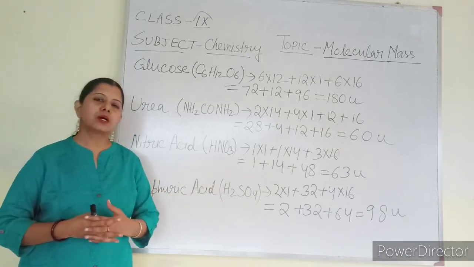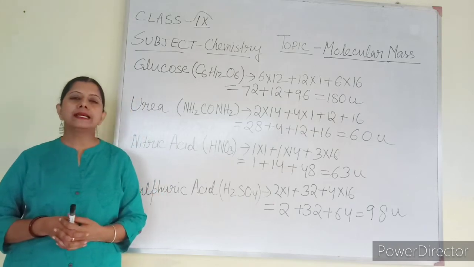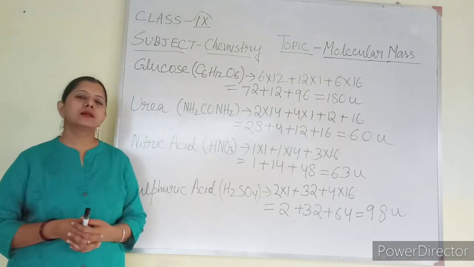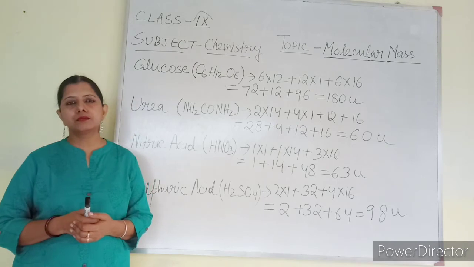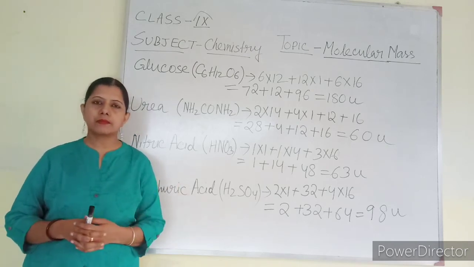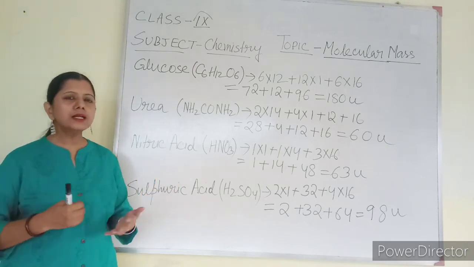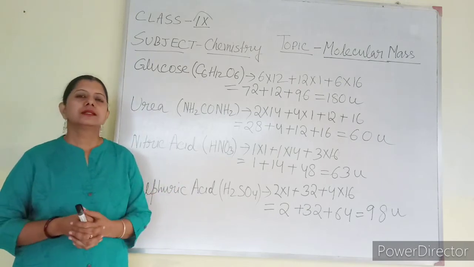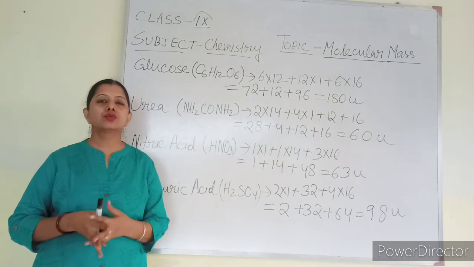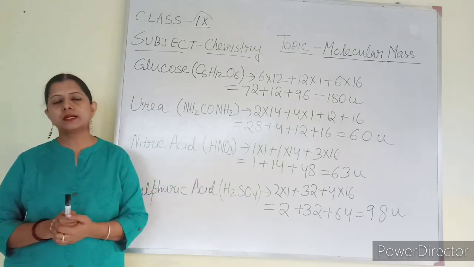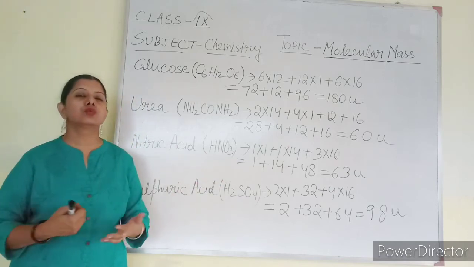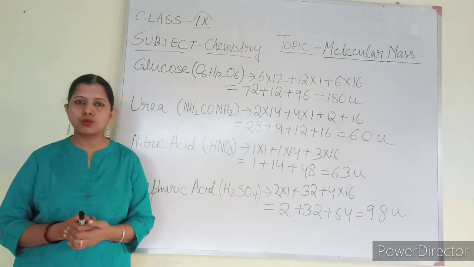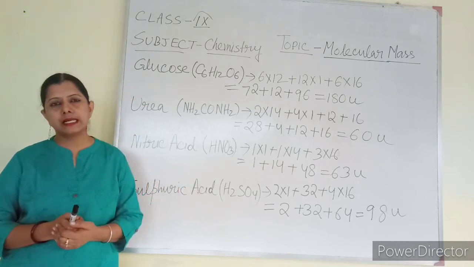In my previous video I told you. So in detail about covalent compound and ionic compound I will explain in the next chapter, because until and unless you study the atomic structure, you cannot find out which elements are going to participate in covalent bonding or which are going to form covalent compound and which are going to form ionic compound.